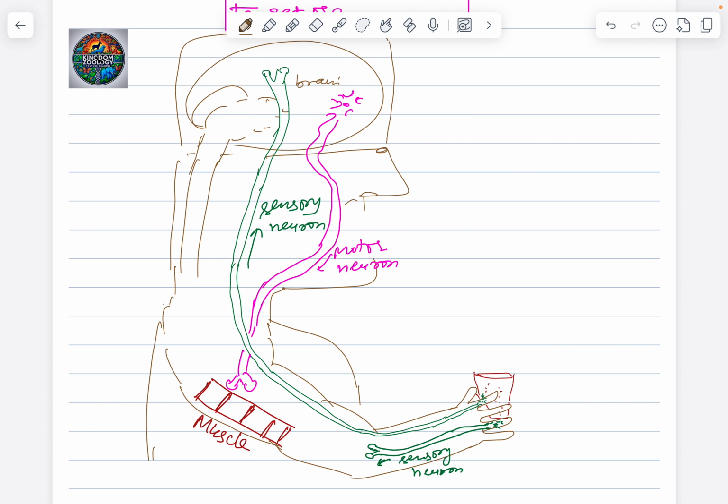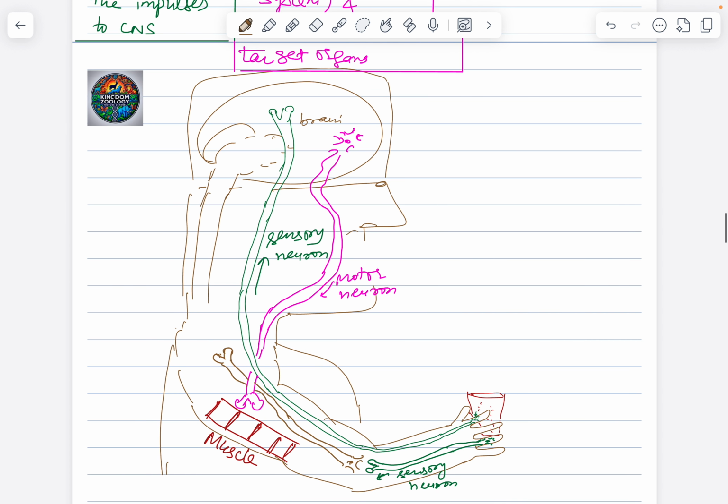Very easy. There will be another neuron over here that will be collecting the information and passing it on further till this place. Then one more neuron collecting the information from here and transmitting it further.